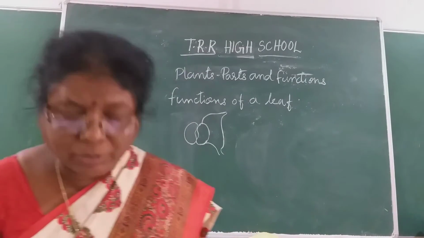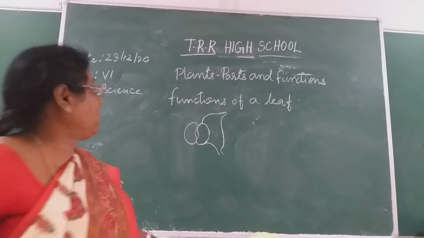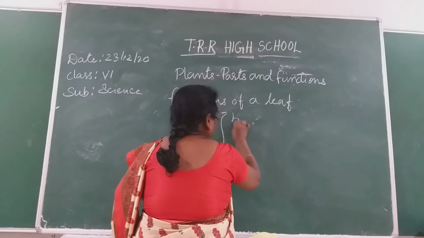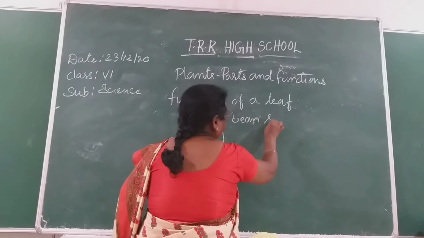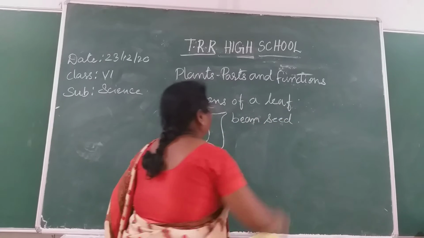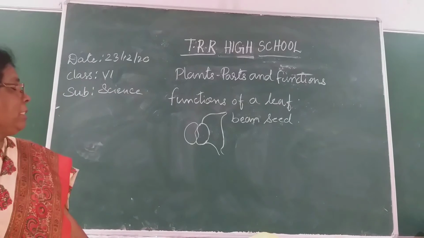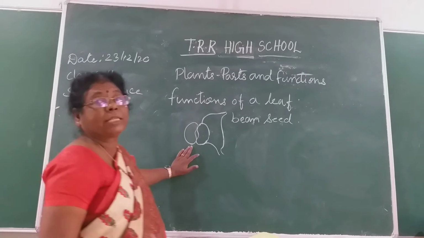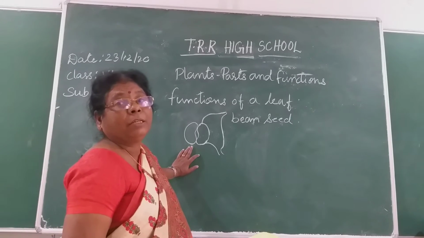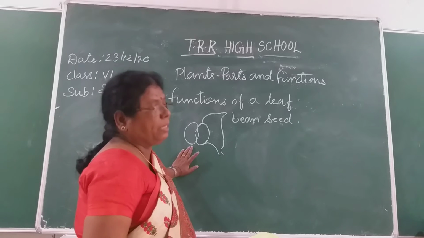So what is the shape of the stomata? It looks like a bean seed. The shape of the stomata is like a bean seed. Exchange of gases takes place through stomata only.